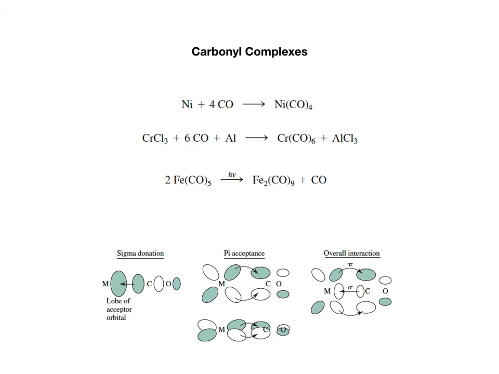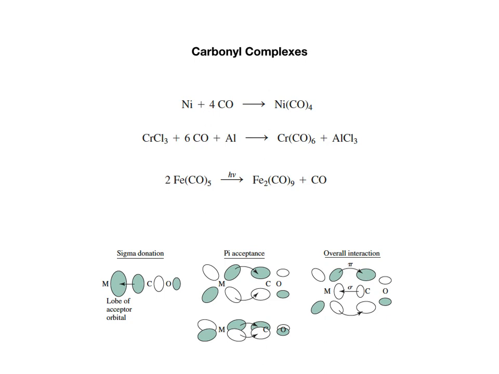And finally, if you have carbonyl compounds to begin with, you can also induce some kind of decomposition thermally or by using a photochemical process, and that decomposition releases some of the carbonyl ligands and produces other kinds of carbonyl complexes. In a lot of the metal carbonyl complexes, the metal can be viewed as being in the zero oxidation state, and a lot of those complexes behave more like covalent compounds instead of ionic compounds.